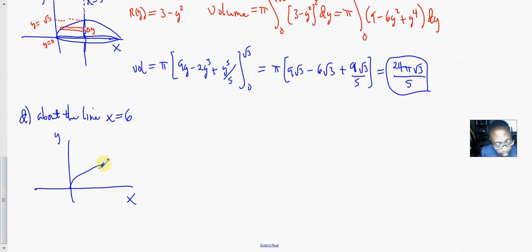Again, we have this curve stopping at x equal to 3 about the line x equal to 6, not y equal to 6.